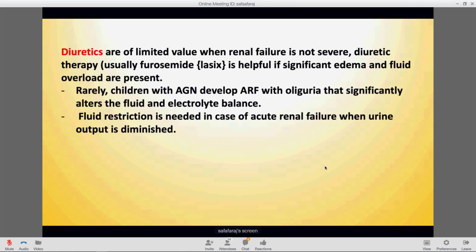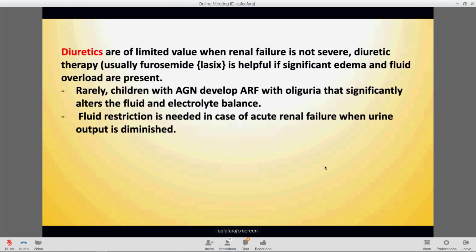Regarding diuretics, do all patients need diuretics? This depends; they are limited in value when the renal failure is not severe. Diuretic therapy, usually Lasix, is helpful if significant edema and fluid overload are present. For that reason, it is not routinely indicated to use diuretics in patients with glomerulonephritis.